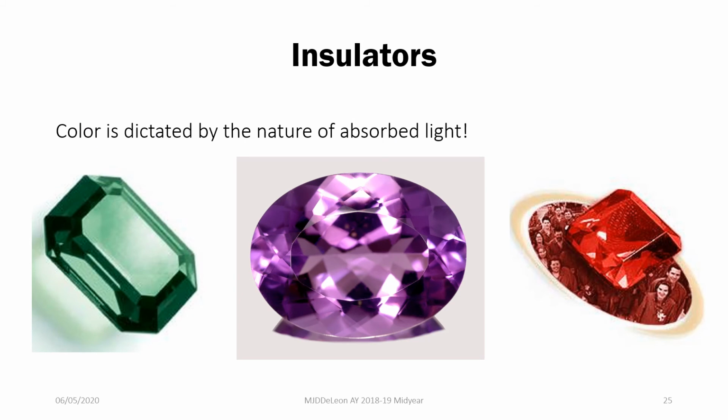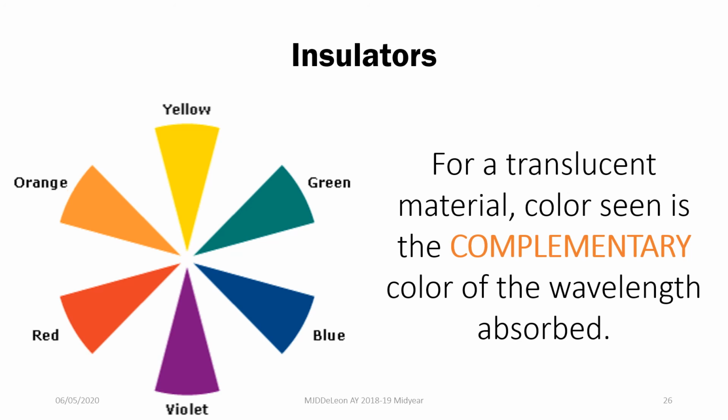So now in our insulators, the color of these insulators can be dictated by how it absorbs light. So this explains why your emeralds are green, why topaz is violet, and why ruby is red. So for a translucent material, the color seen for that material is the complementary color of the wavelength absorbed by your material.